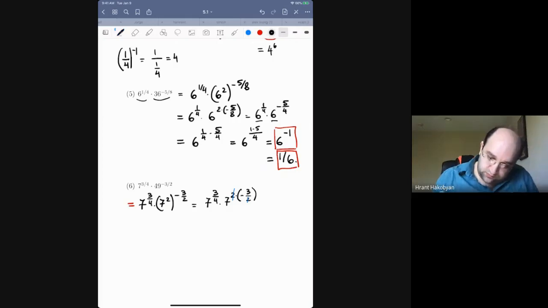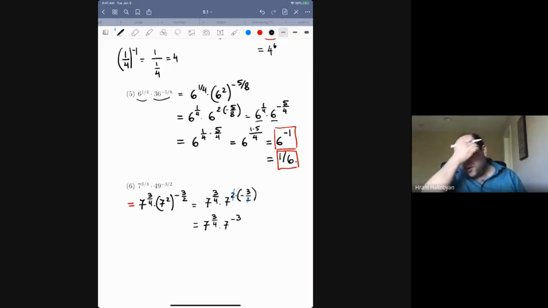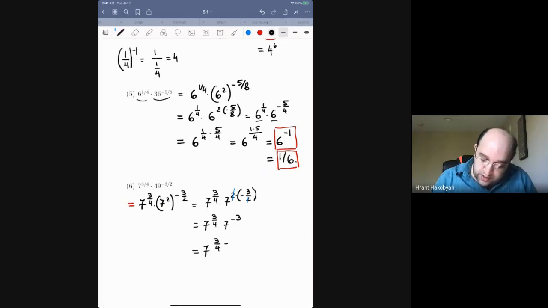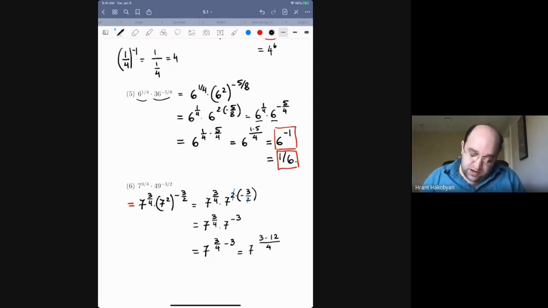So I have 7 to power 3/4 times 7 to power negative 3. Now the bases are the same, so I can add the exponents. It's going to be 7 to power 3/4 minus 3. If I write it out, here I have 3 minus 12 over 4, right? So it's negative 9 over 4.